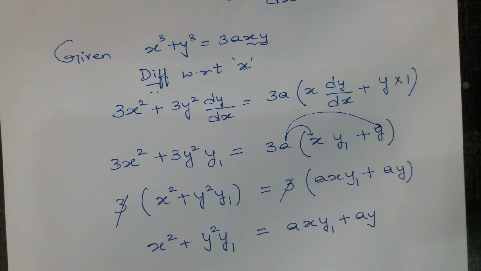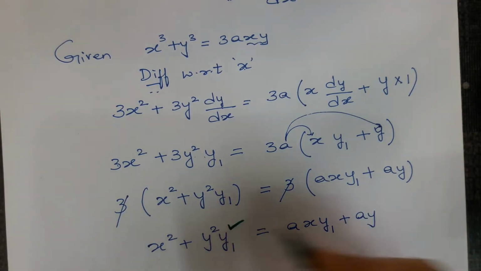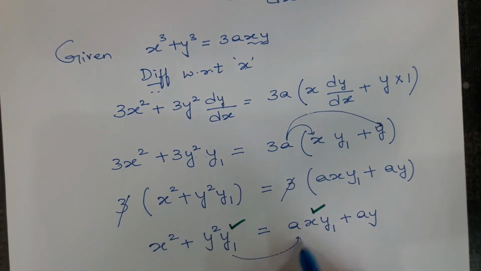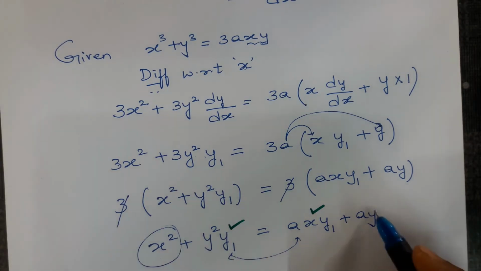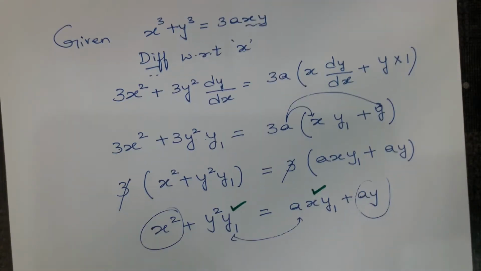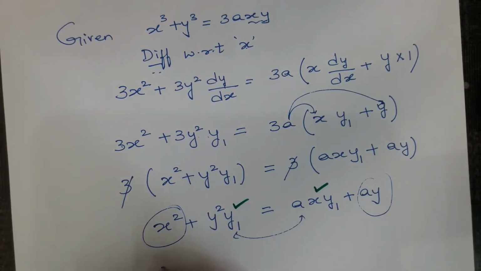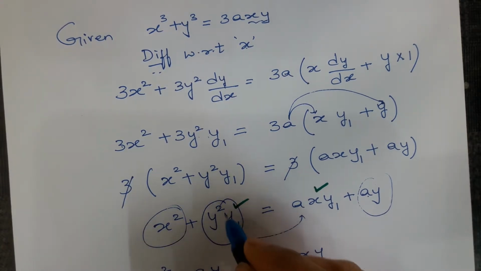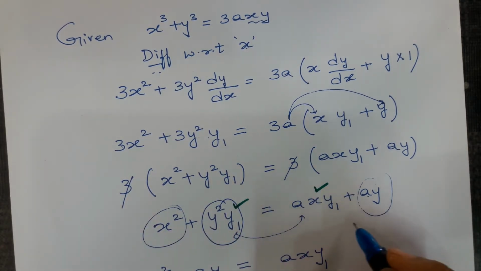Now I will group the terms which contain y1. I will combine these two terms as one group, and the first and last terms as another. So x square minus ay, I will bring this ay to this side, and ax y1, and I will bring y square y1 to this side.